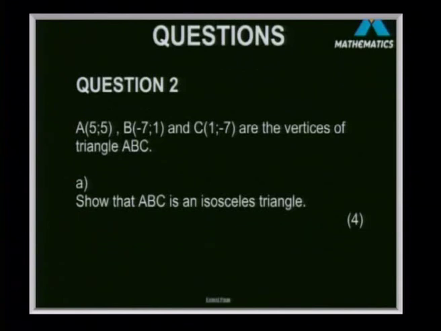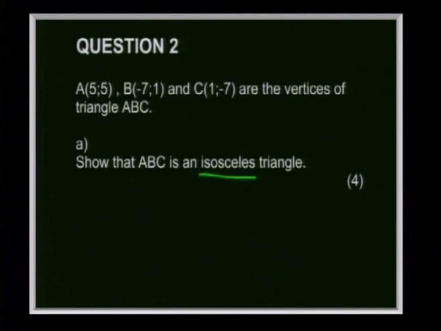Right, let's move on to question 2. Well, question 2 asks us to show that it's an isosceles triangle. How are we going to do that? I don't want to have to do angles of inclination, so I'm going to use distance formula. What I'm going to do is I'm going to check the distance of AB. Well, the distance of AB, let's remember our formula, square root xb minus xa all squared plus yb minus ya all squared.